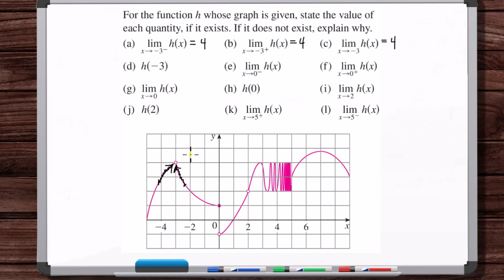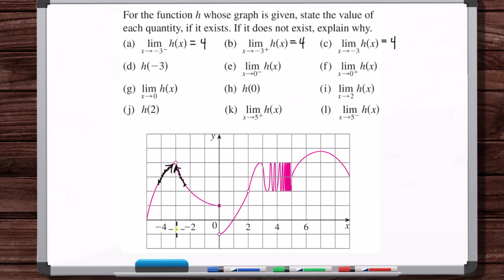We're not coming from one side, we're approaching 4 as the output from above, and coming from the other side, we're approaching 4 as the output from below. That doesn't matter. All that matters is we can get infinitely close to -3 on both sides, and the output, in both cases, is getting closer and closer and infinitesimally closer to the same output value, which in this case is 4.